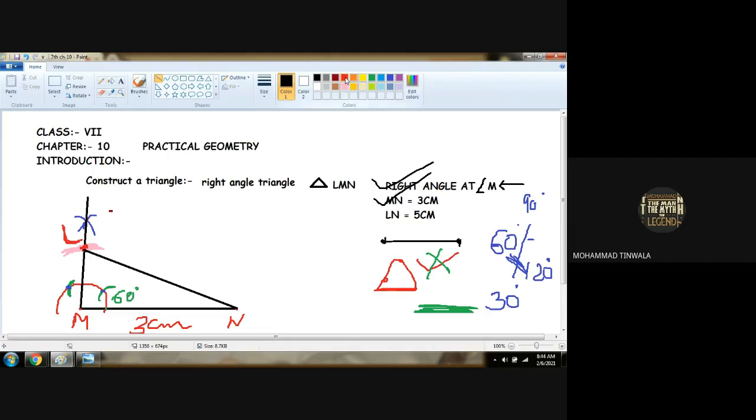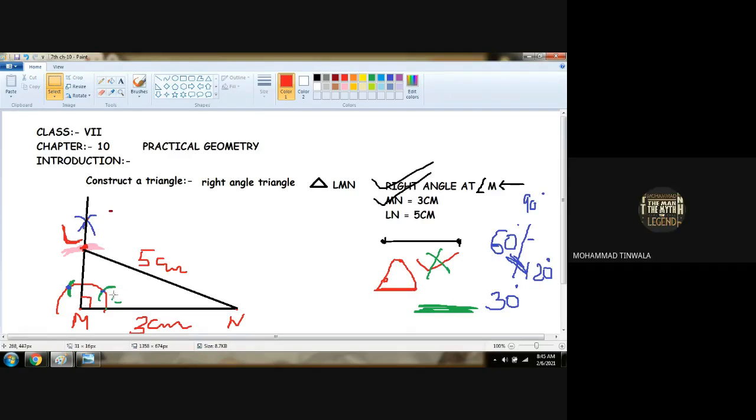We have to write here, this is of 5 centimeter. So this is LMN. At point M we form 90 degree. Understood? You do not need to write 60 degree inside, this is only for your understanding. It is random, so it is always the measure of 60 degree only.